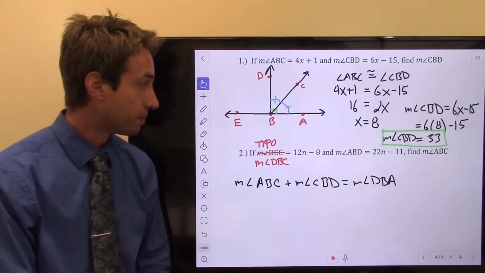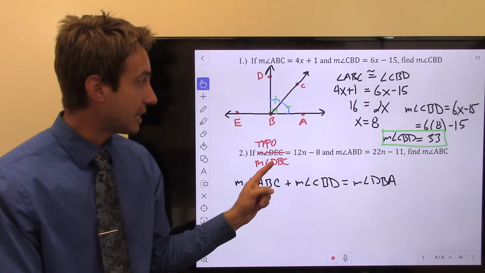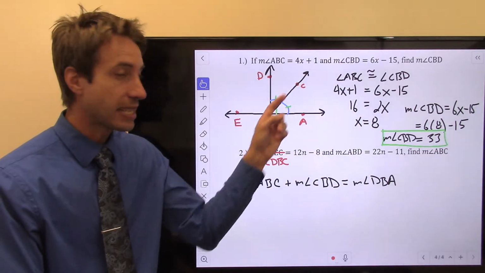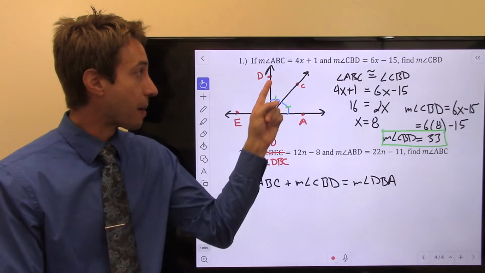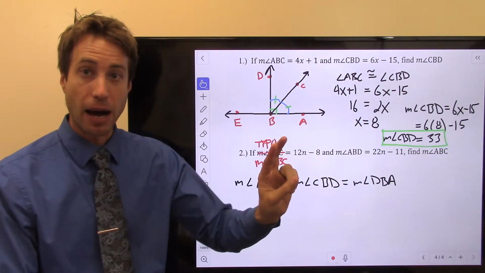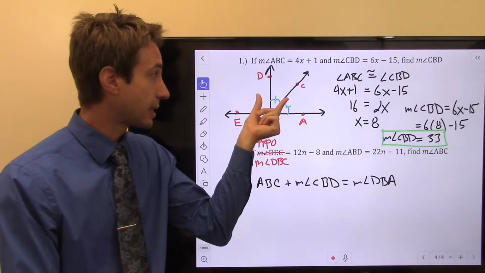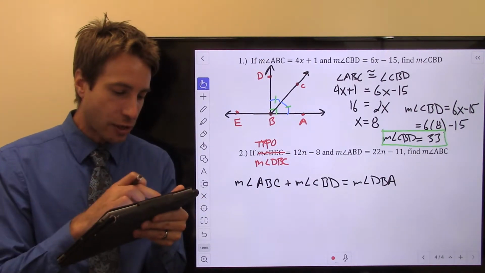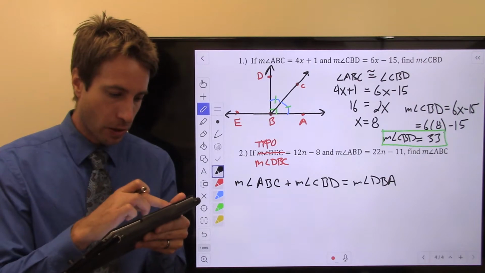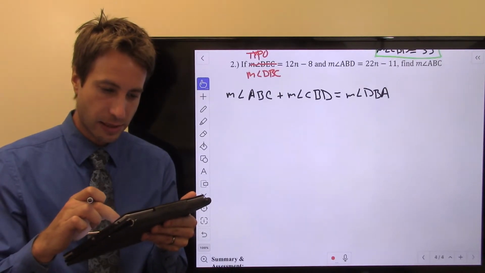Here's what I know. I've been given DBC, and because BC is a bisector, if I multiply DBC by 2, right, take that angle and multiply by 2, I get the full angle. So I am actually going to start off with this. I need to do this first.